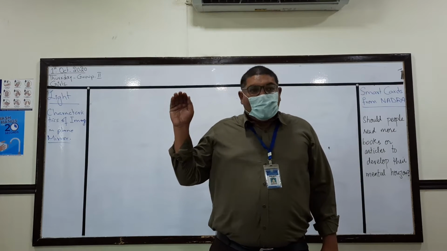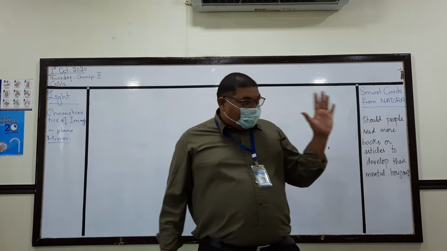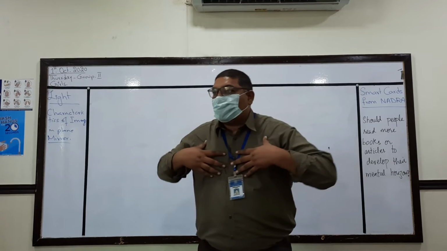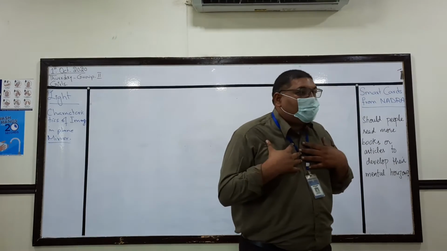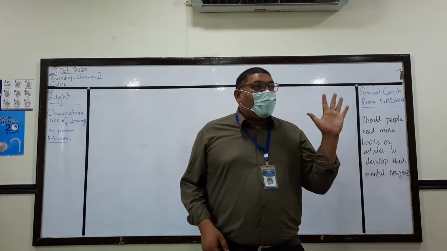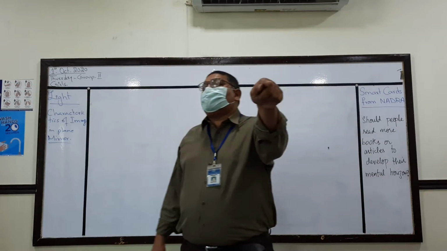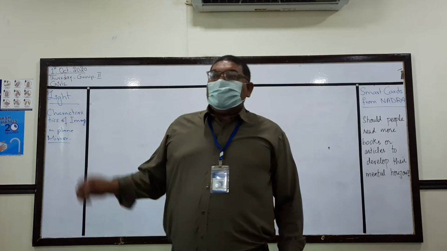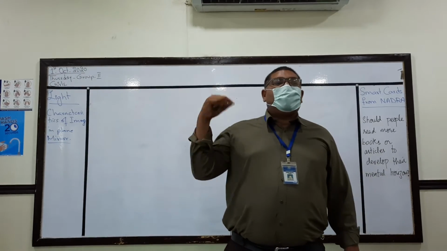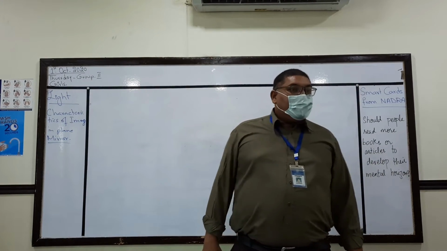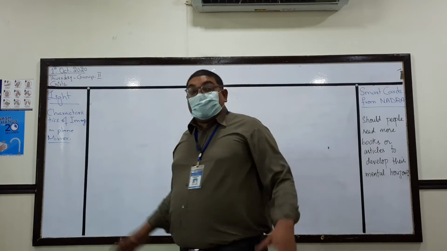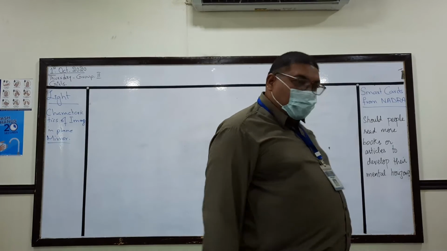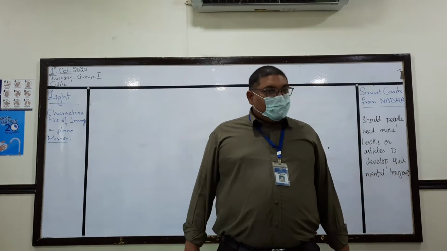So the left of the object, when you are standing in front of the mirror, you are the object, becomes the right of the image. And the right of the object becomes the left of the image. This happens when the image is formed in a mirror. Okay, you can observe yourself.